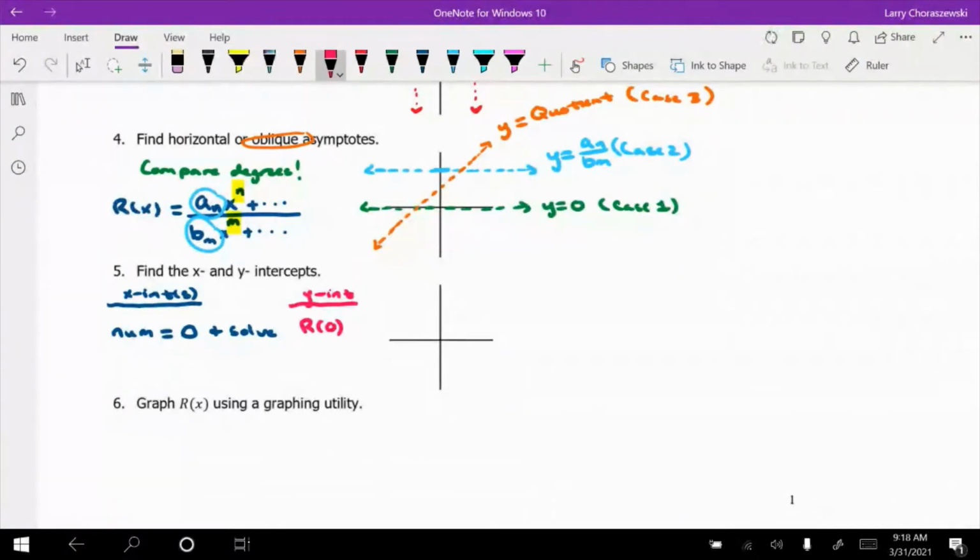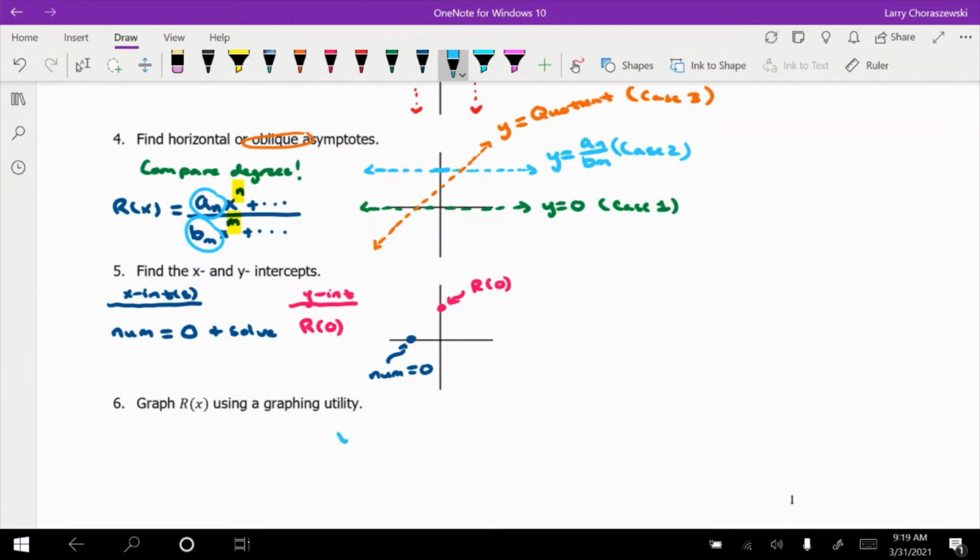So by doing r of 0, we would figure out where our graph crosses the y-axis. And then by setting our numerator equal to 0, we would be able to figure out where the graph crosses the x-axis. And then last but not least, we graph the rational function using a graphing calculator.